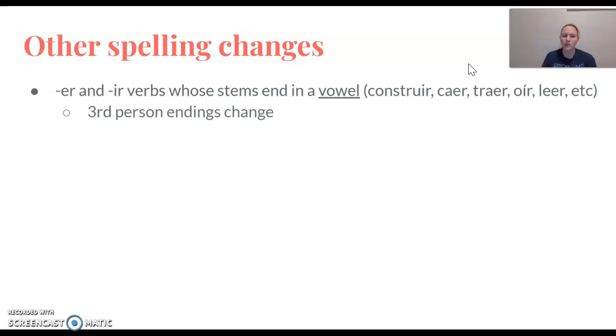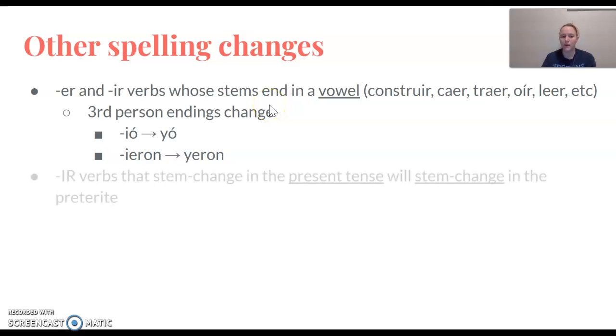This has a spelling change in the third person form, and it changes from I-O to Y-O. It's just to keep there from being a massive amount of vowels. So for example, leer, and then ieron to yeron with a Y. It just keeps it from being a weird stress with that big vowel combination. It's one of those slight spelling changes that we have to adjust to, and that's only in the third person forms of ER and IR verbs whose stem ends in a vowel.